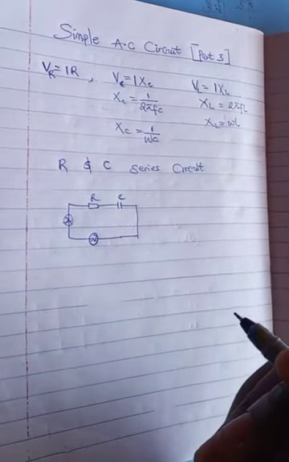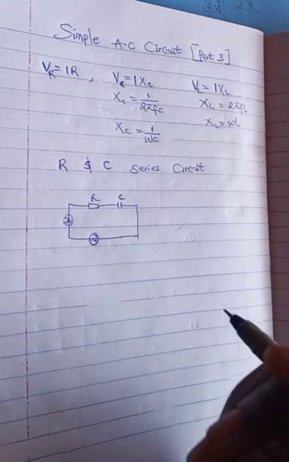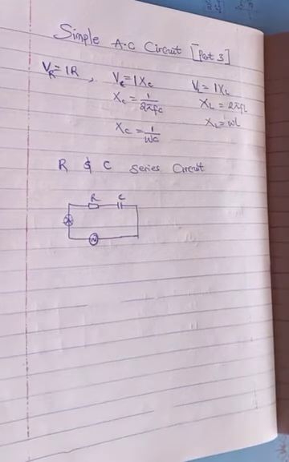So what happens in this kind of system? Our main concern here is just to know the total resistance in the system, as well as the total voltage across the system.